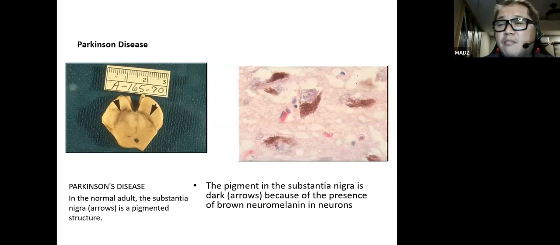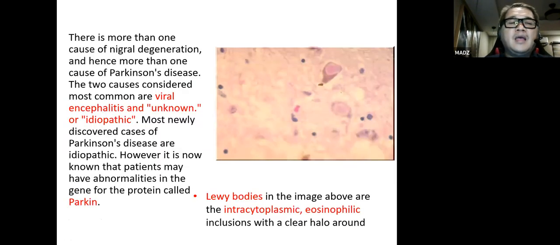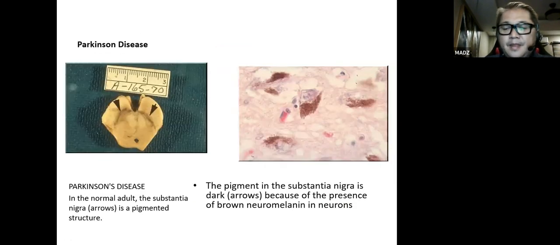If you can still remember, this neuromelanin is a byproduct of the catecholamine metabolism, for example the dopamine, so they're usually seen in the neurons of the substantia nigra.